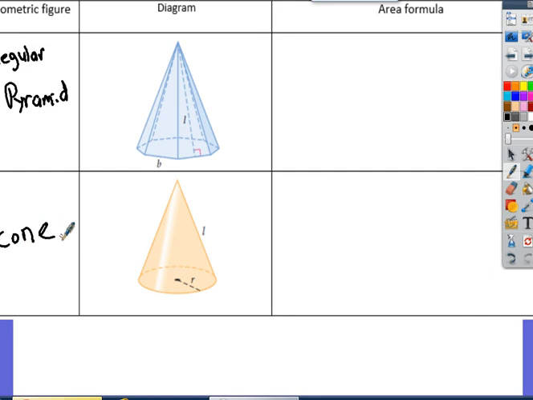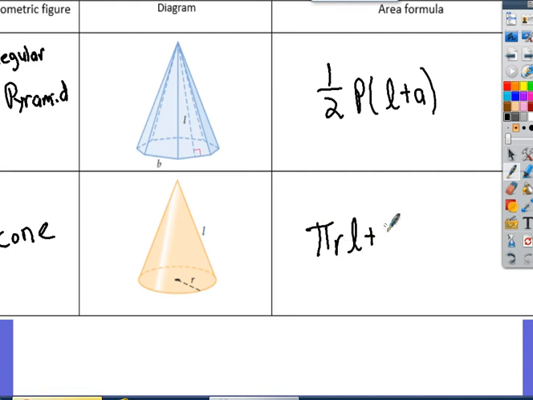They look very similar, but a cone has the circle on the bottom. The regular pyramid has the polygon on the bottom. And the regular pyramid is 1/2 P times L plus A. You should have already written this one down. You can write it down again if you would like in a more organized fashion. And then you have cone, which is pi r times L plus pi r squared.